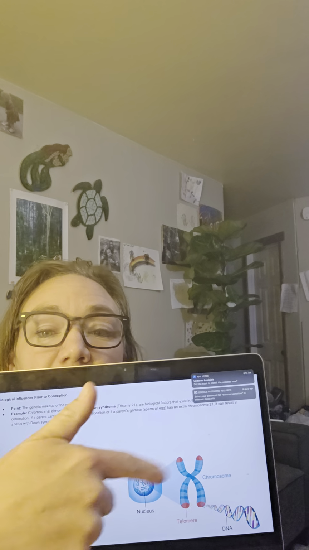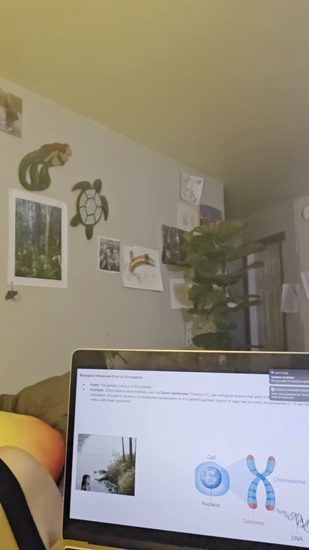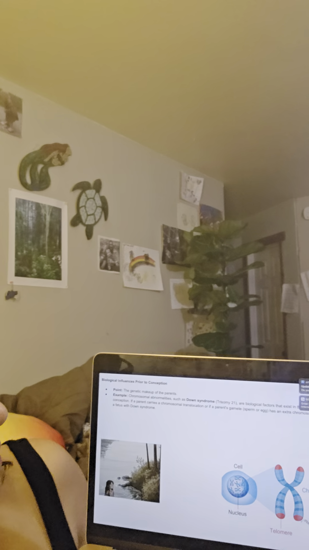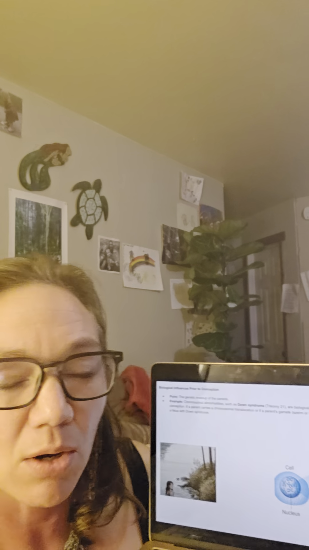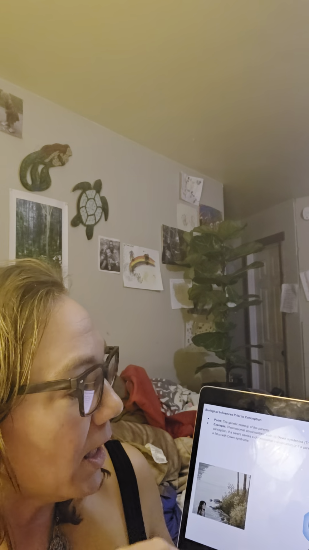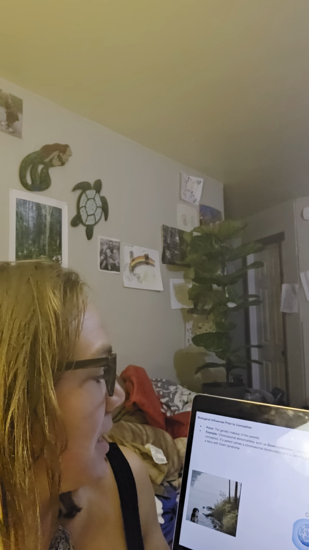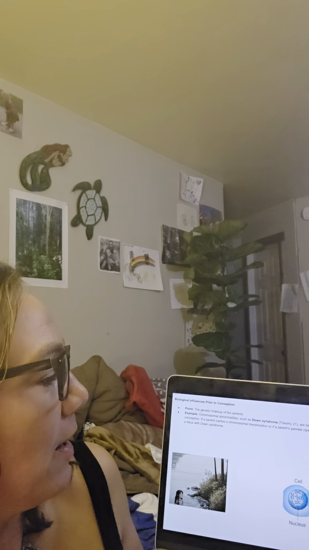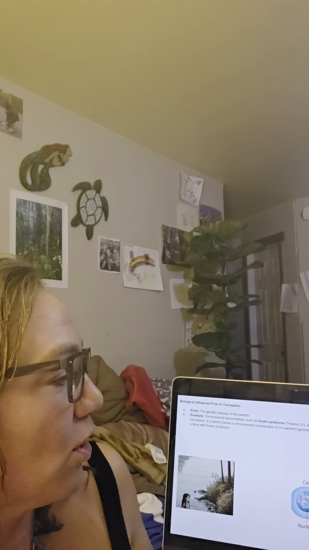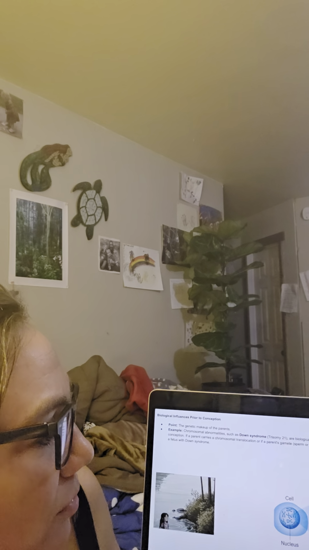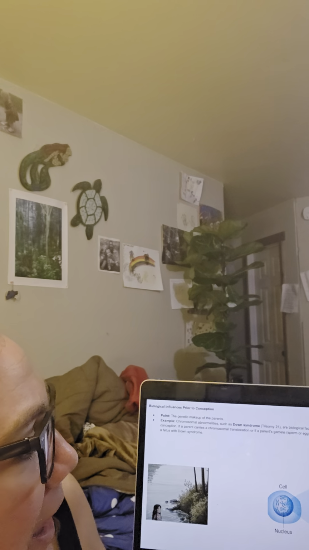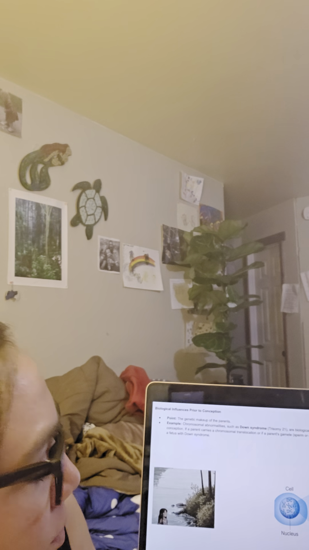As we learned in class, here are all these chromosomes and genes. We all know that Down syndrome is the main big one, trisomy 21. These are biological factors that exist in the parent's DNA before conception. If the parent carries the extra chromosome on their sperm or an egg, then you will have an extra chromosome.